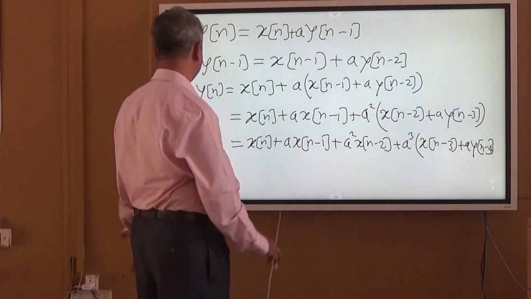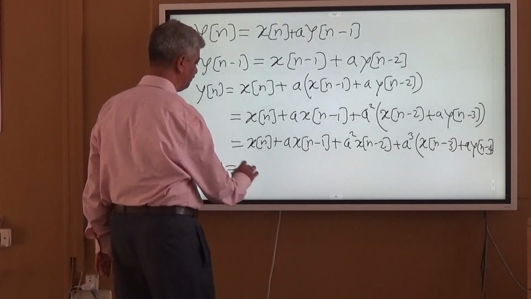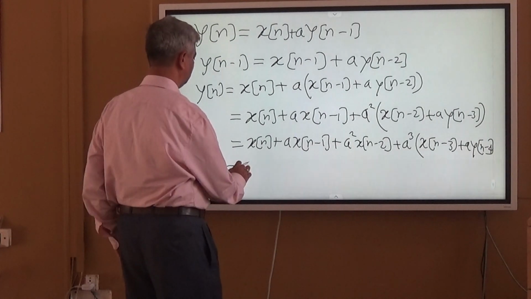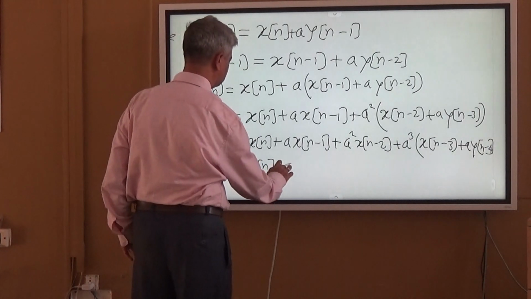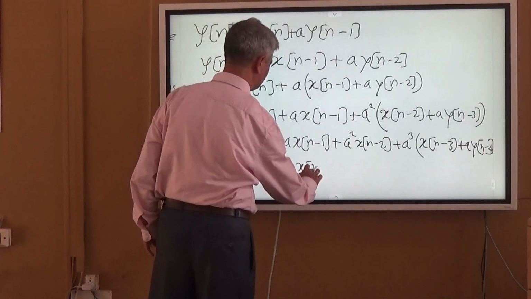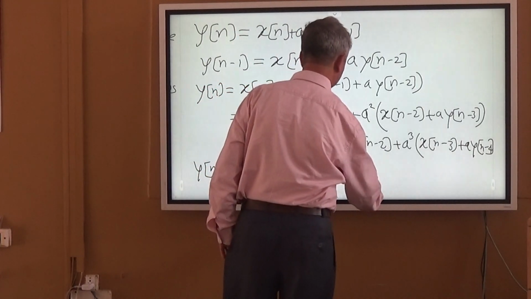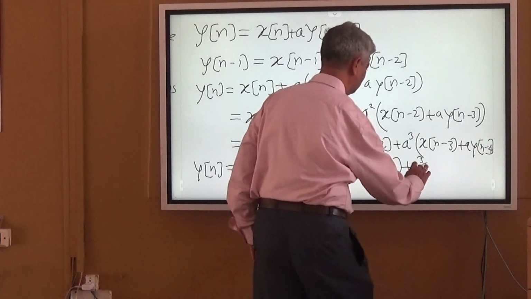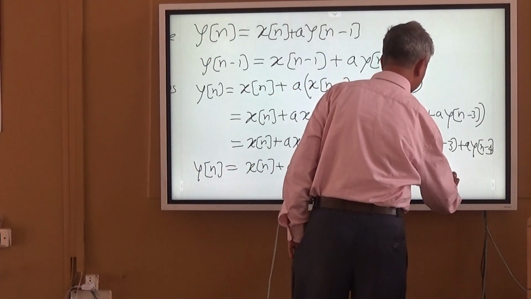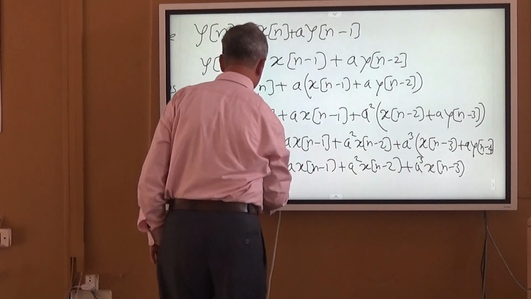So what can be the general expression? I think by simple logic, xn plus a xn minus 1 plus a square xn minus 2 plus a cube xn minus 3, and again a raised to 4, and the same thing will follow.